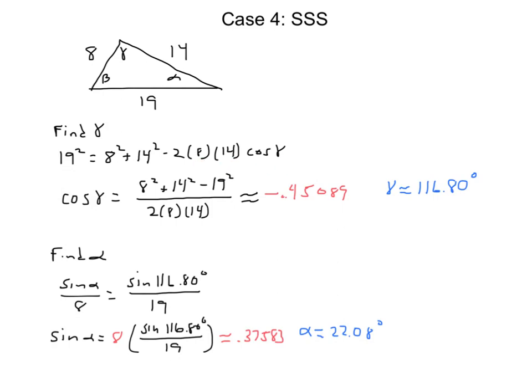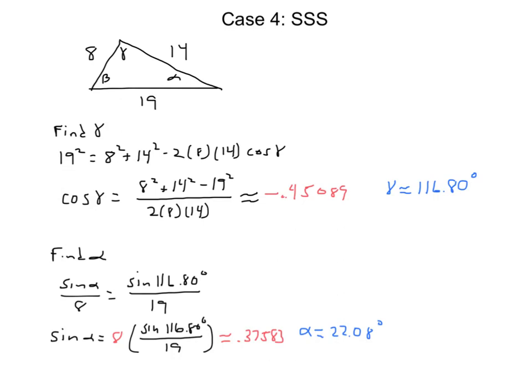Now, at this point I do some algebra, and I solve this for the cosine of gamma, and I come up with the cosine of gamma equals 8 squared plus 14 squared minus 19 squared over 2 times 8 times 14. And when I put that into the calculator, I'm going to come up with the cosine of gamma equal negative 0.45089.